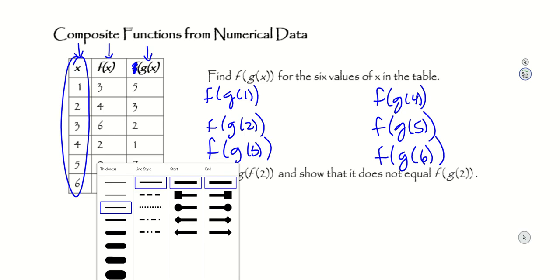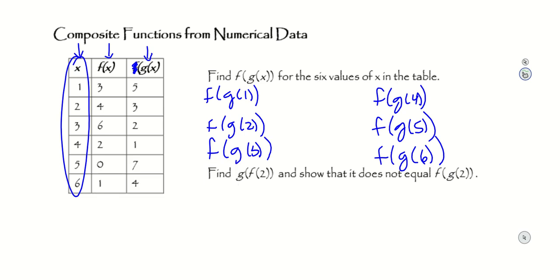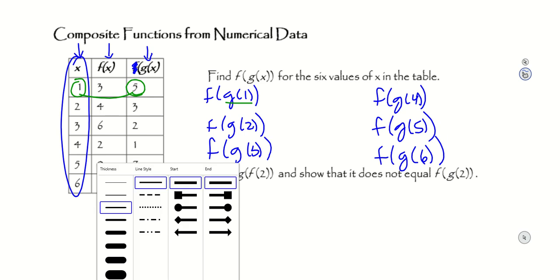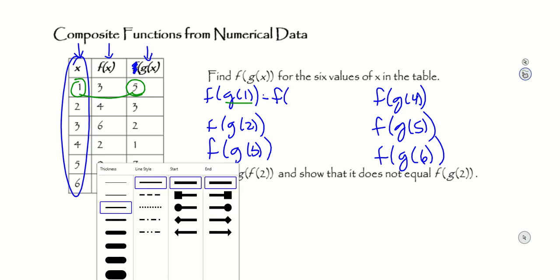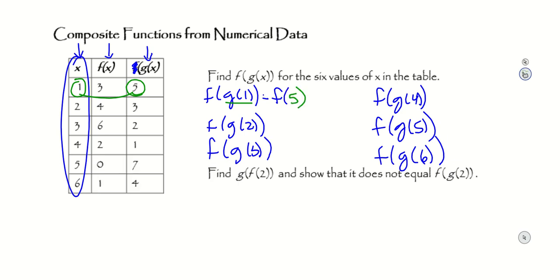So let's do the first one. And again, when we evaluate where we have nested parentheses, we start with the innermost parentheses. So if I'm going to find f of g of 1, I want to find g of 1. Well, when 1 is my input, right, my output for g is 5. So f of g of 1 is f of 5.